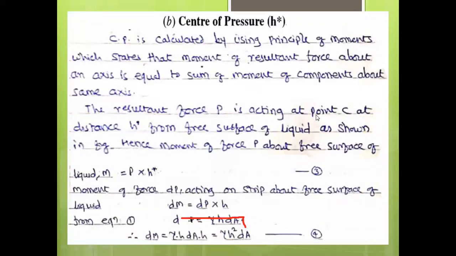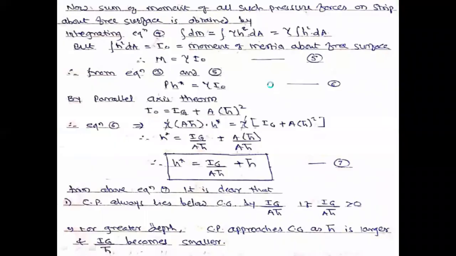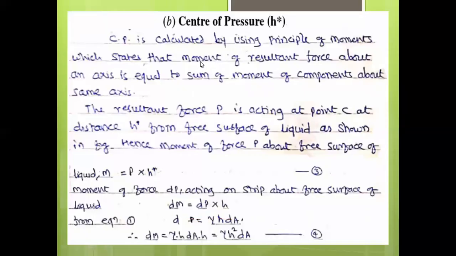Center of pressure, we will see the equation for this now. Center of pressure is calculated by using the principle of moments. We state that the moment of the resultant force about an axis is equal to the sum of the moments of the components about the same axis.